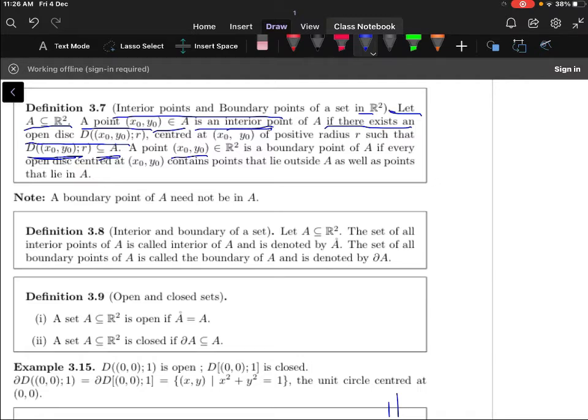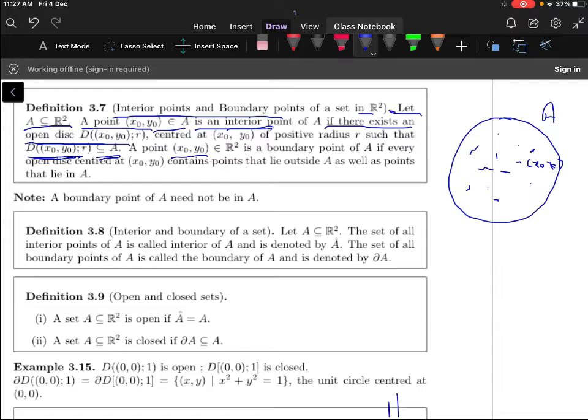Let us take this geometrically. Take an open disk. A is a region in R2, so there are many points here. Take this point (x0, y0).